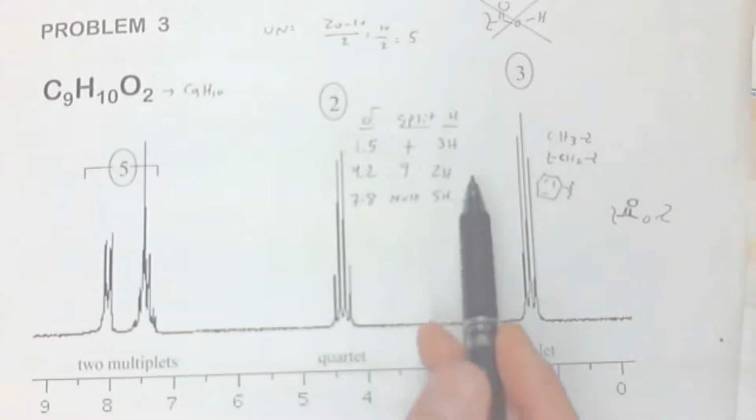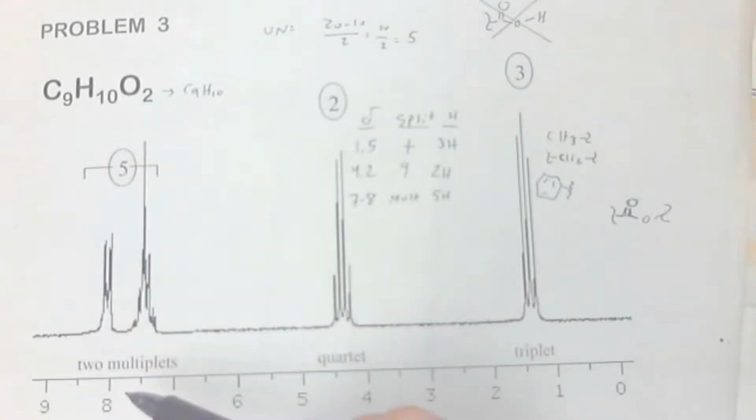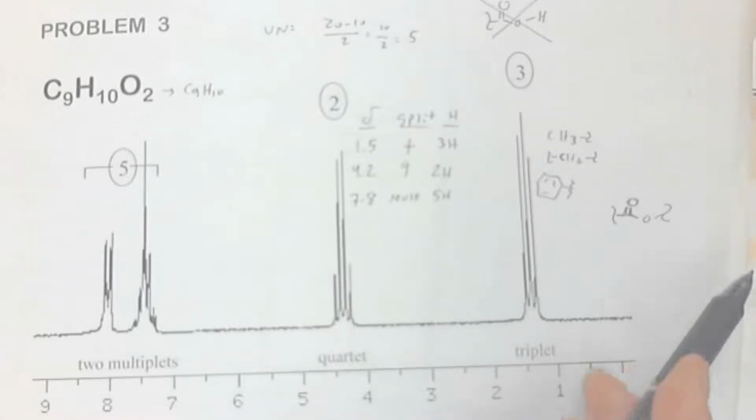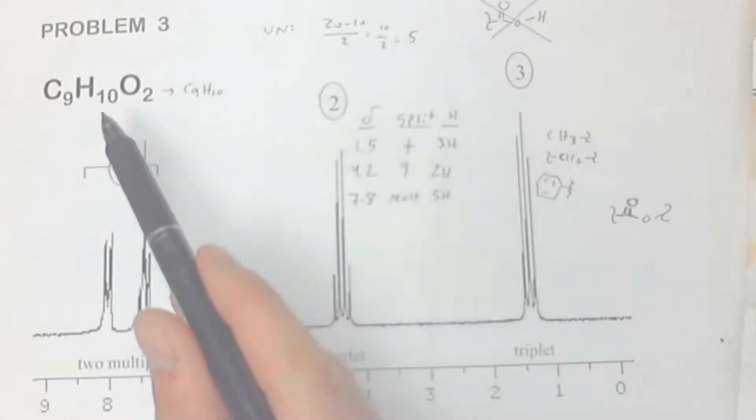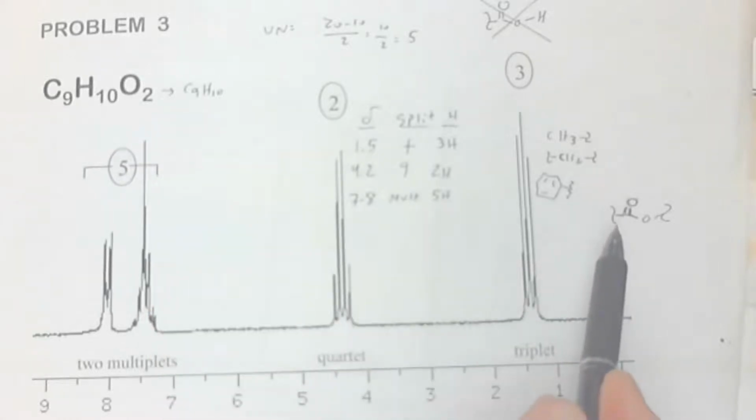There's 10, right? 5 plus 5 is 10. Can't be a carboxylic acid. Somebody in the comments said alcohol. It can't be an alcohol either, because an alcohol would also be an extra proton. We don't have any protons to give up, so absolutely, positively an ester, okay?